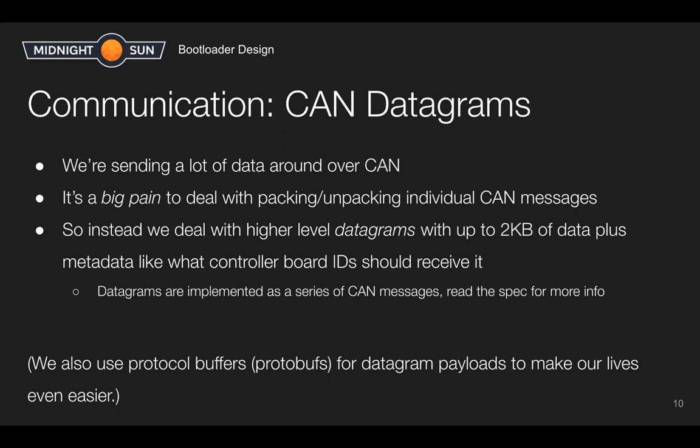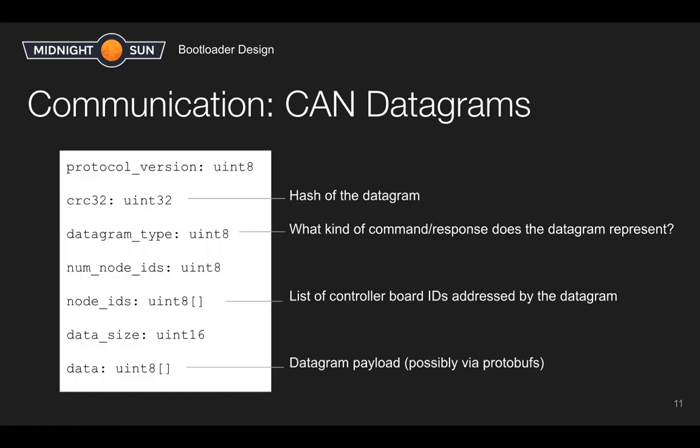So instead, we've defined this higher level protocol called a CAN datagram. And a datagram can store up to 2 kilobytes of data, plus metadata like what controller board ID should receive the datagram. So these datagrams are implemented as a series of CAN messages. This is all of the data that's stored in a CAN datagram.